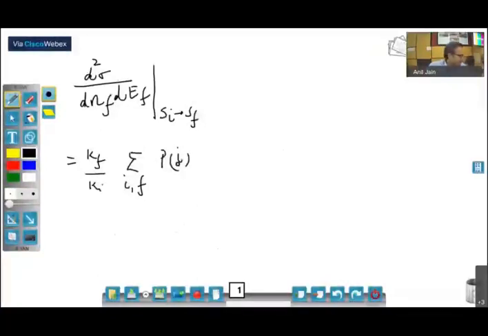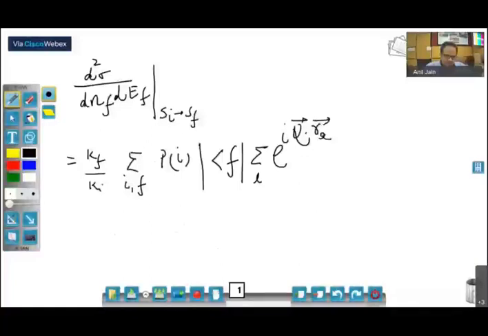Pi is the weighting factor, the statistical weight or probability for the initial state. And then we have this matrix element, where f is the final state, with the sum over sites l of exponential i Q dot Rl, u of l, Si Sf, taken with the initial state.